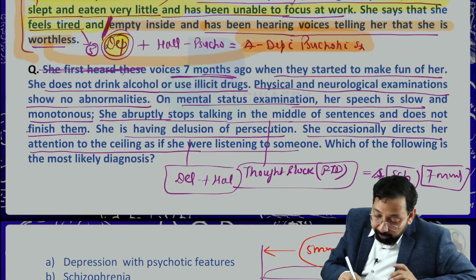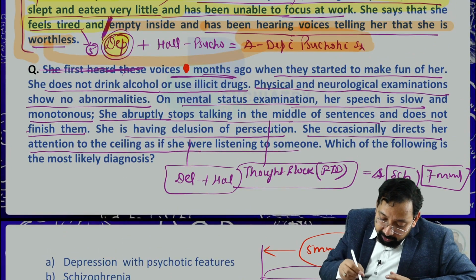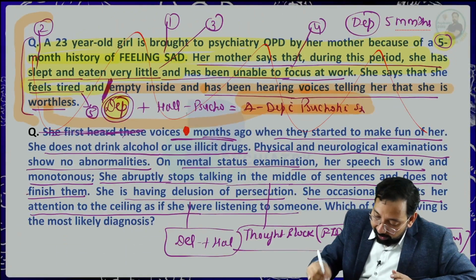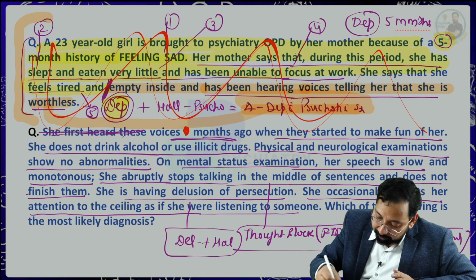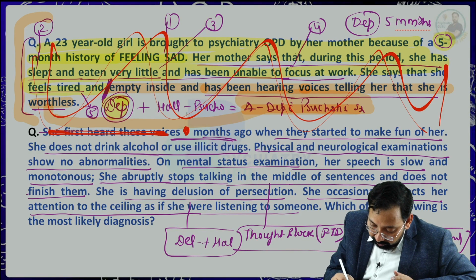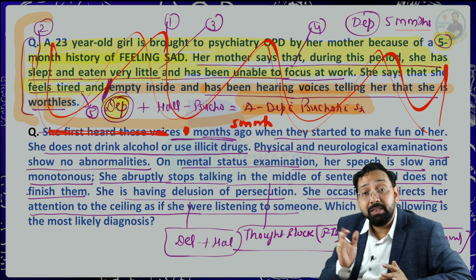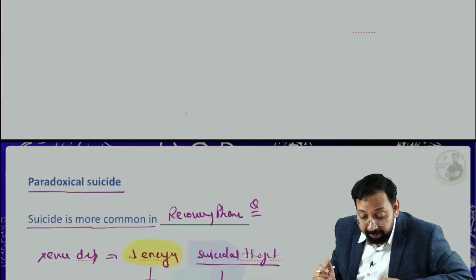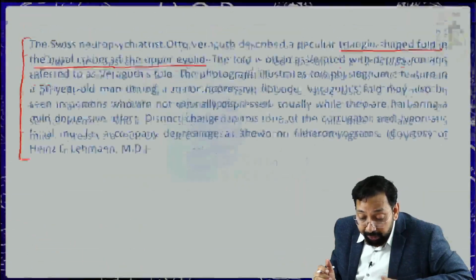In this question, if I remove this and say this is the only question, these symptoms are present for 5 months. If the duration is more than 1 month but less than 6 months, that is schizophreniform disorder.